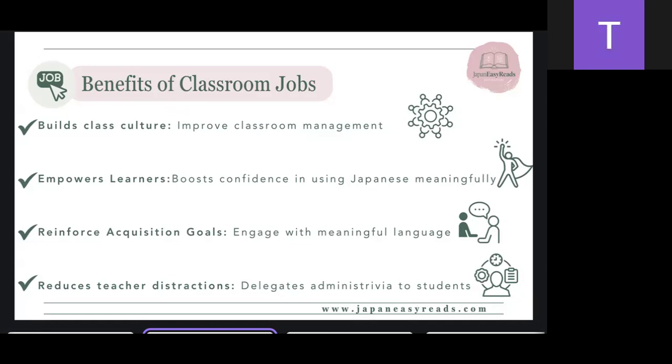It empowers learners and boosts their confidence in using Japanese meaningfully. The students then take ownership of their tasks. It reinforces acquisition goals by repeated exposure to high-frequency words and authentic contexts. And it reduces teacher distraction and overload.